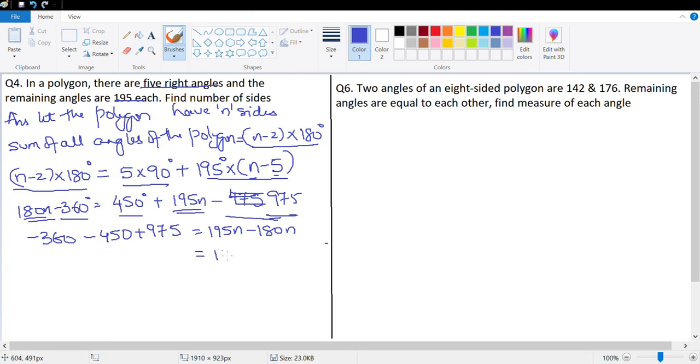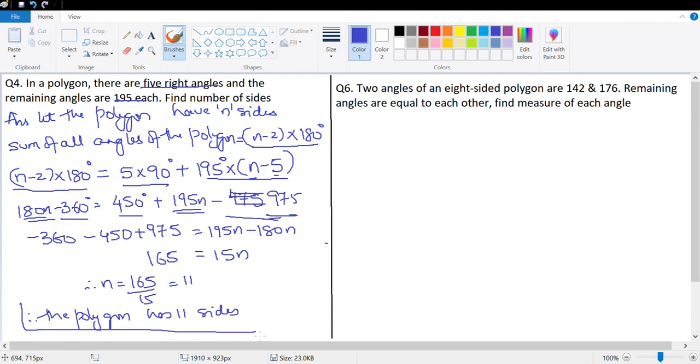So this is basically 15n, and the other side is 165. Therefore n is equal to 165 upon 15, which is equal to 11. Therefore, the polygon has 11 sides. Done. That's the final answer.